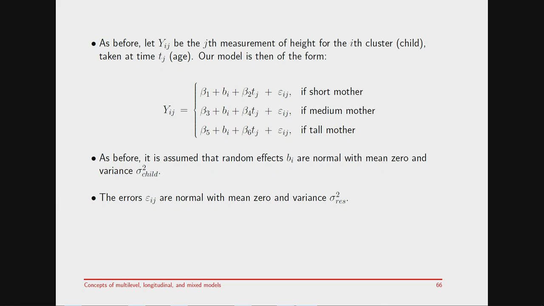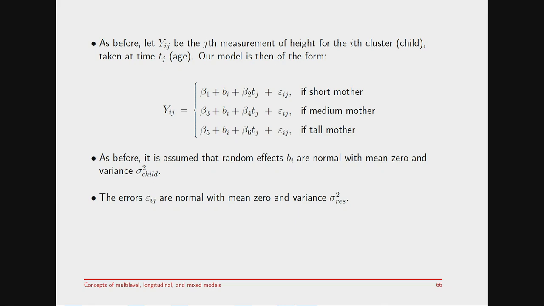Think of the captopril data set. Not all patients had the same level. Some patients had a much higher blood pressure than other patients. So that's the variability between the clusters. So the random effect here, the BI, is the random term, and that represents variability between the children. So that's assumed to follow a normal distribution with mean 0 and variance sigma squared child.